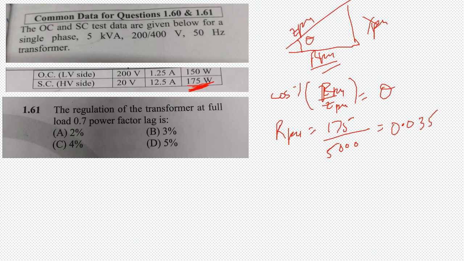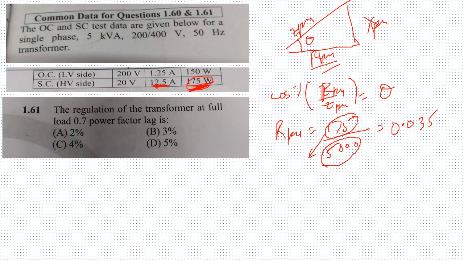Always remember that this is equal to the losses obtained during the short circuit test, over the apparent power of the transformer. You have to be careful here that this should be calculated at the rated current of the secondary. If you calculate from the secondary side, the 400-volt side, the secondary full load current comes out to be 12.5 amperes, so you can use this formula directly.